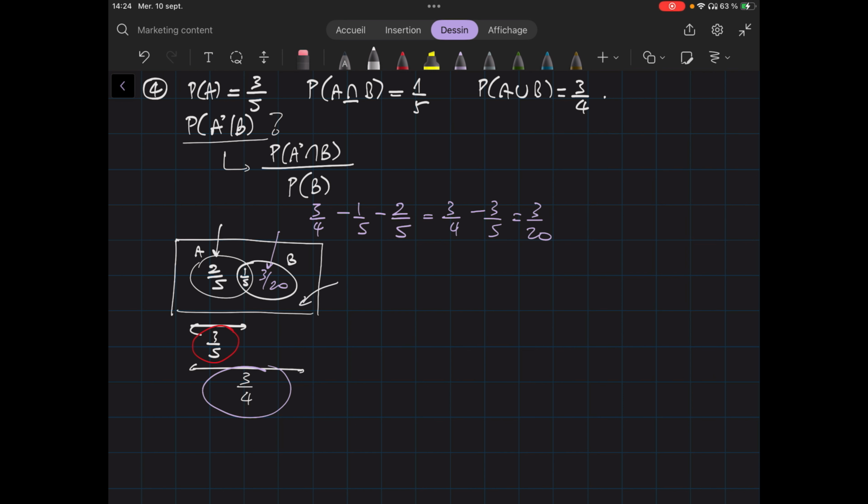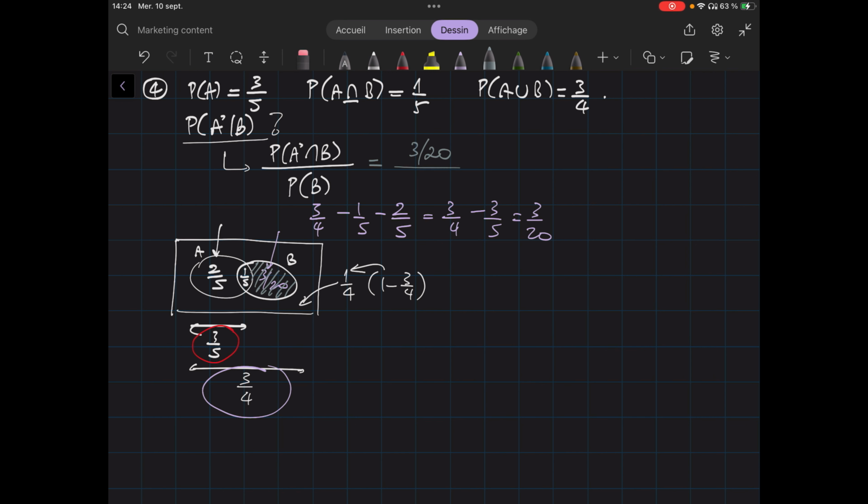And what's left is this portion over here, which is a quarter, or 1 minus 3/4. Now, the probability of not A intersecting B. Where is not A intersecting B? It's this portion over here, right? That is outside of A, but inside of B. This part is 3 by 20.